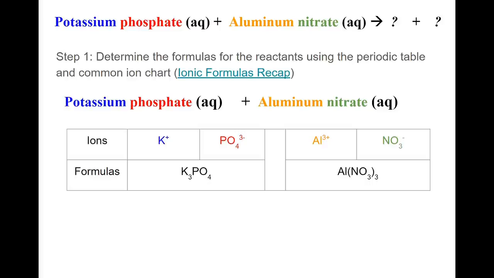And then aluminum is Al with a +3 charge. And nitrate is NO3 with a -1 charge. So when I use my crisscross rule, I get Al(NO3)3. And some eagle-eye students might notice these are the same formulas from our warm-up.